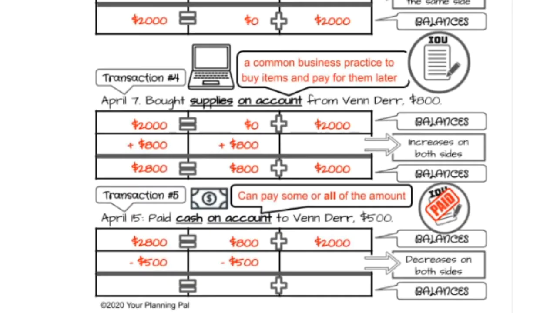So you'll see we're subtracting on both sides of the accounting equation. And then when we move our balances down, we've got 2,800 minus 500. So we've got 2,300. And then in our liability column there, we still owe $300 to vendor. So we've got $300 in our liability column, and we've got $2,000 in our owner's equity column.